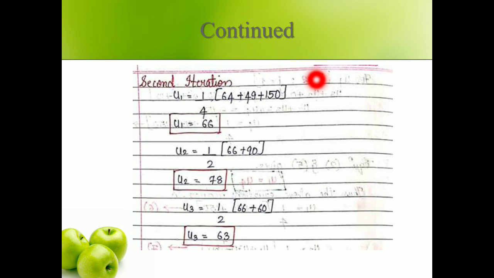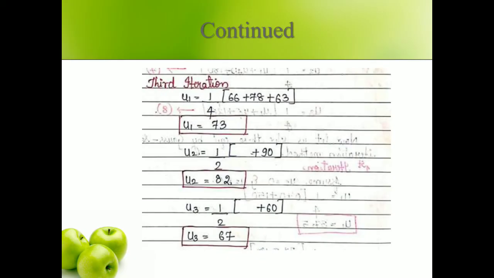So u1 will be equal to 66, u2 will be equal to 78, u3 will be equal to 63. Next, third iteration, we substitute the values of the second iteration to get u1, u2 and u3.